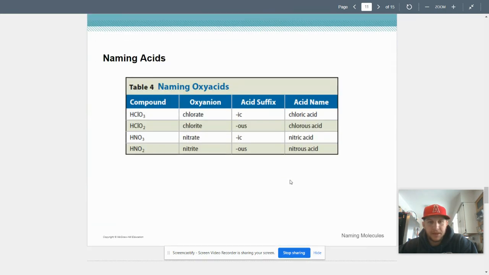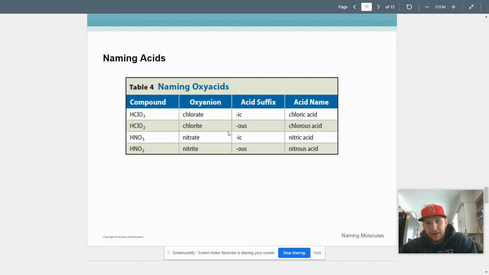Okay, moving on. Here are some examples of this. HClO3, we see our chlorate oxyanion, which means it's going to end with an ic. Our acid name for this compound is chloric acid. Next, we have HClO2. Following those same rules, we've taken an oxygen away, so we have the chlorite ion, which would mean our suffix is going to be ous. So this compound's name is chlorous acid.